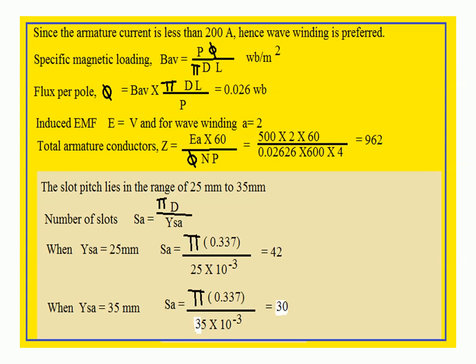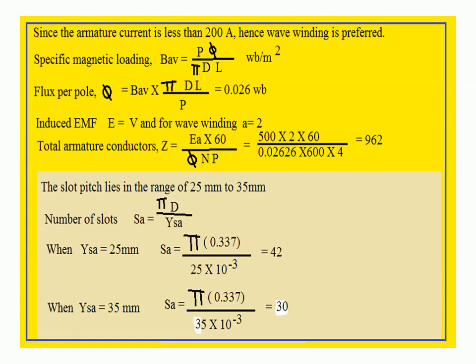The current is less than 200 amperes, hence wave winding is preferred. We know that specific magnetic loading B average equal to P phi divided by pi D L Webers per meter square. By using this equation, we calculate flux per pole, equal to B average into pi D L divided by P. We are getting around 0.026 Webers.